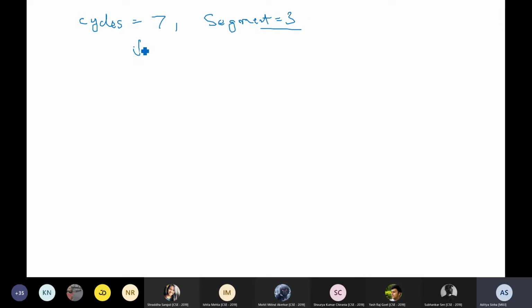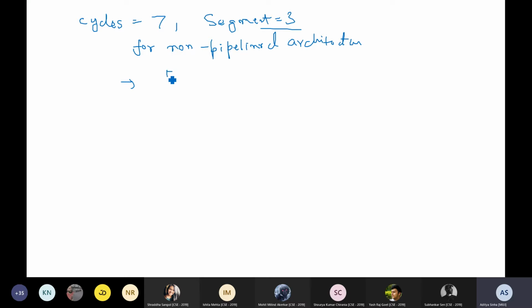So for a non-pipelined architecture, if we do the same thing, can anybody guess how many cycles we will need to actually solve it?